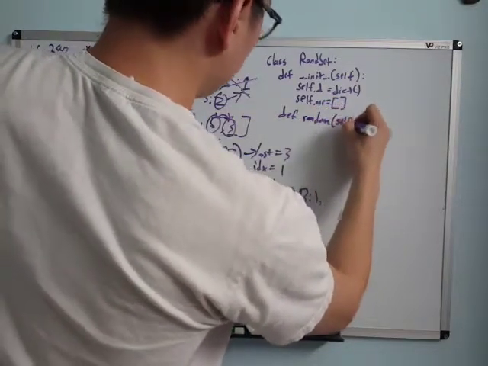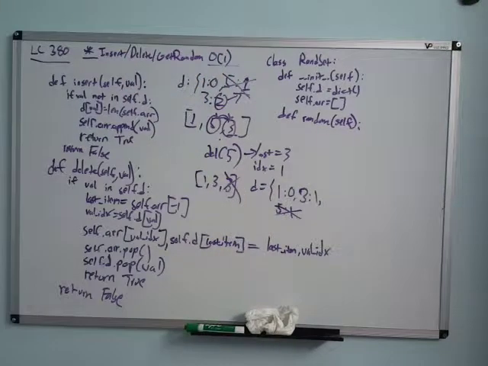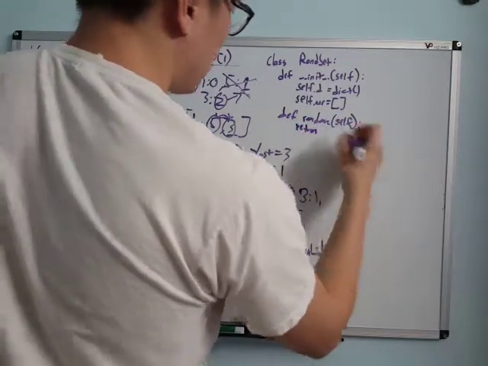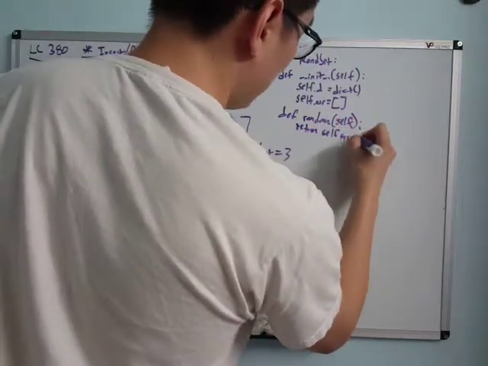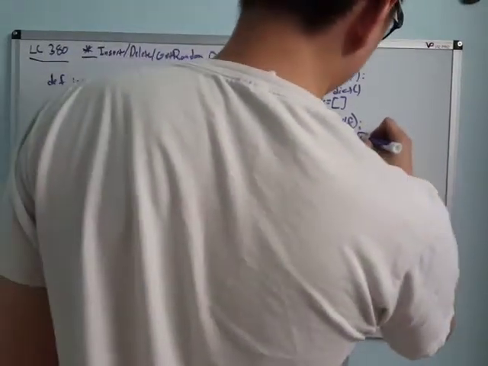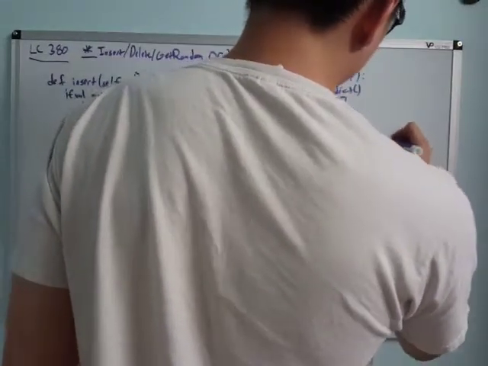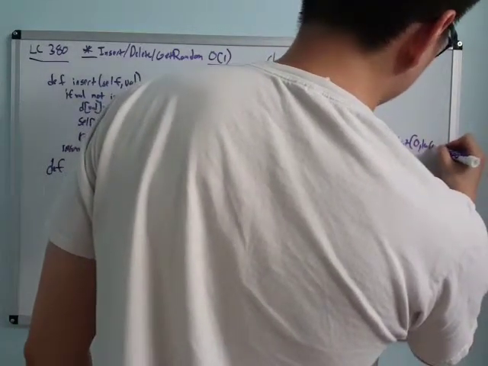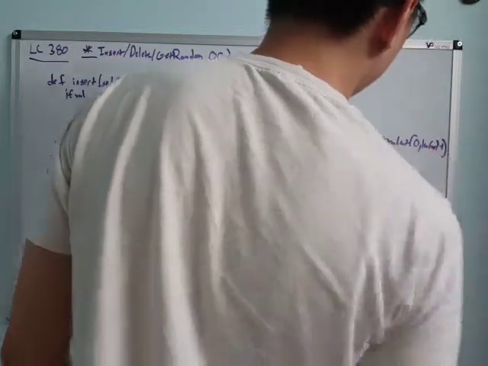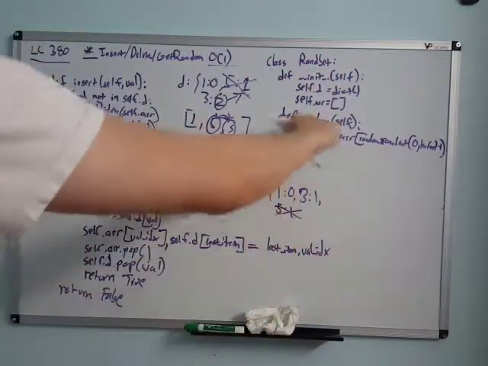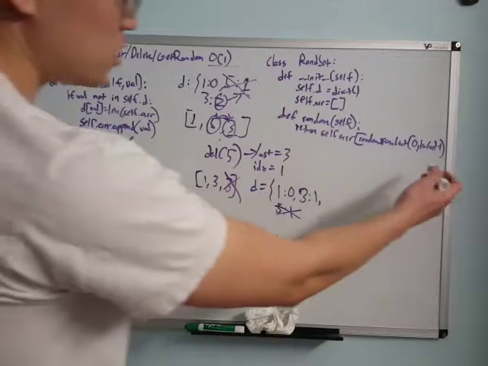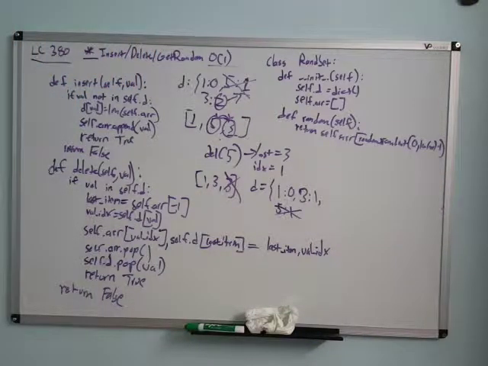For get random, you would use the random library, and then you would just return self.array, with the index being random.randint of 0 to the length of the array minus 1. So that would just return a random number from that array. It's just choosing a random index between 0 and the length of the array minus 1, so that would be constant time.